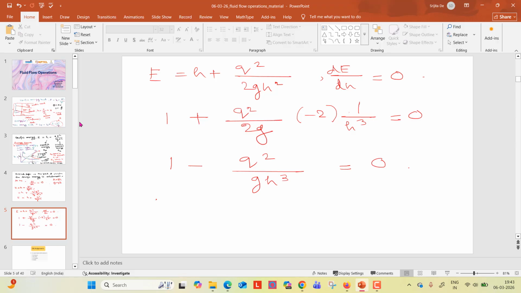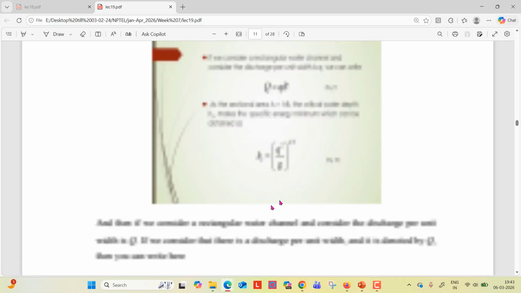So 1 equals q square by gH cube, right? So it is coming as an expression of H cube: H cube equals q square by g, right? So our expression is matching with this.